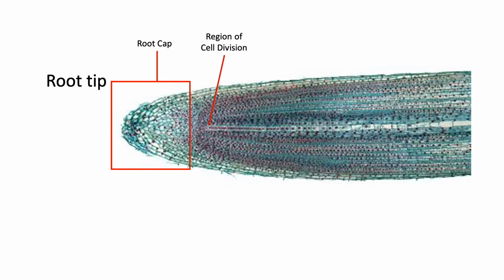So some of these cells become part of the root cap. The rest of the cells are enlarged in the region of elongation. So you have the cells themselves getting larger, spreading out. And then the last region is the region of differentiation. In the region of differentiation, the primary root tissues are formed that then form the adult mature root.